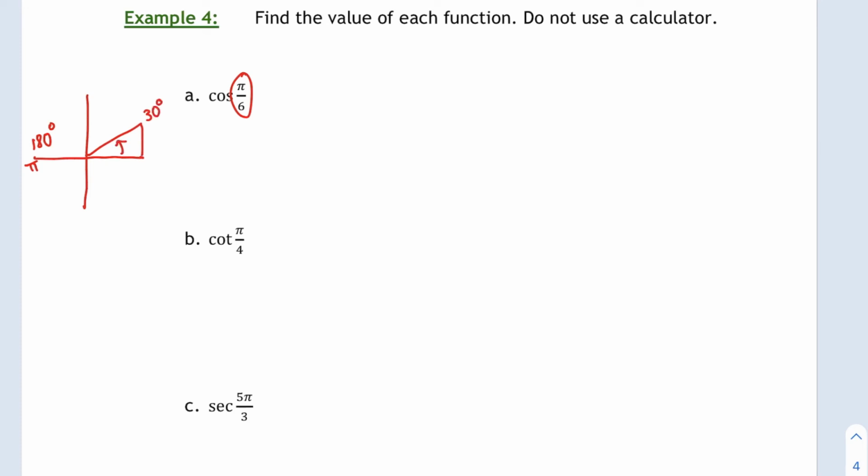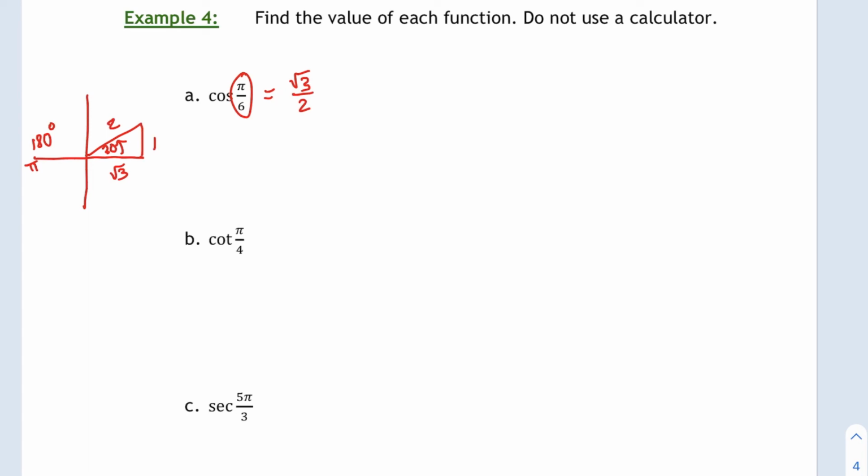So we could use our special triangle, our 30, 60, 90, to think about what cosine of pi over 6 would be. So 1, 2, square root 3. Cosine of pi over 6 is the same thing as cosine of a 30-degree angle, which is just adjacent over hypotenuse, so square root 3 over 2.